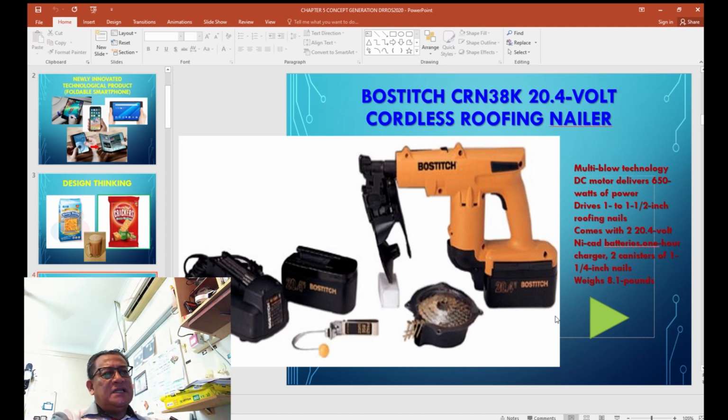It can drive nails from 1 inch to 1.5 inches in length, and it is powered by nickel cadmium batteries, which require about 1 hour of charging, and it weighs around 8 pounds. So this is another new product concept introduced by BOSTITCH.